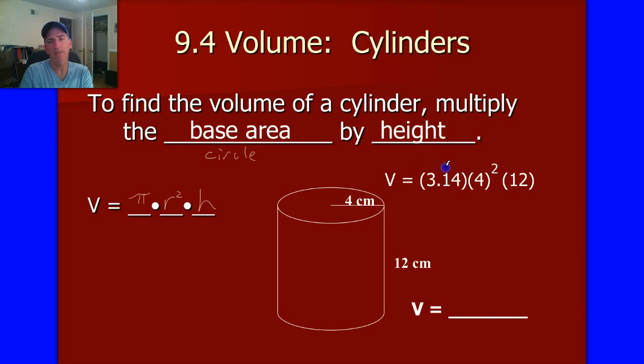Here I plugged in the values for this problem: there's pi, there's r squared, and there's my height, 12. You just multiply those numbers together and you come up with 602.88 centimeters cubed. Again, it's cubed because even though it's this odd rounded object, you are using a unit measure of cubes that would fill up this particular object.